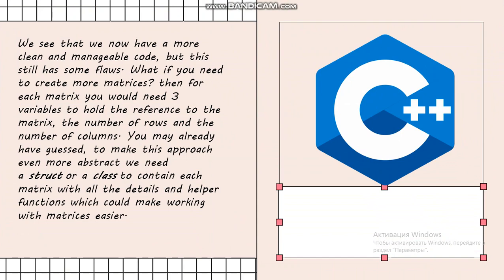You may already have used to make this approach even more abstract. We need a struct or a class to contain each matrix with all the details and helper functions which could make working with matrices easier.